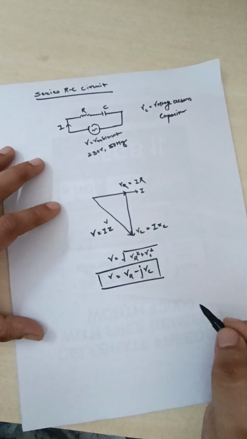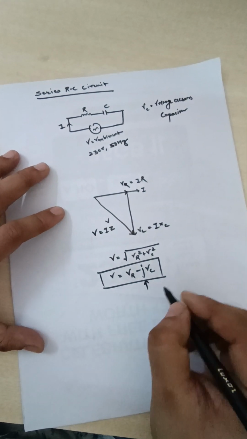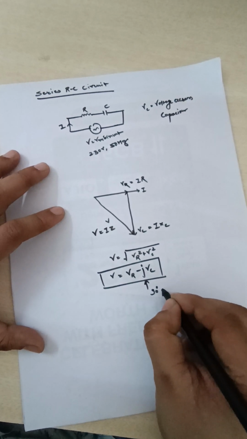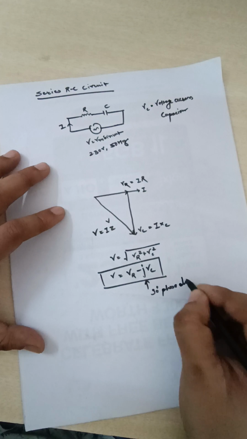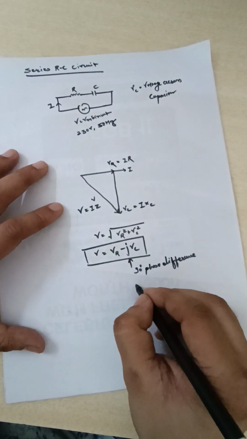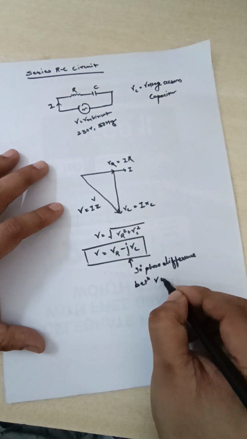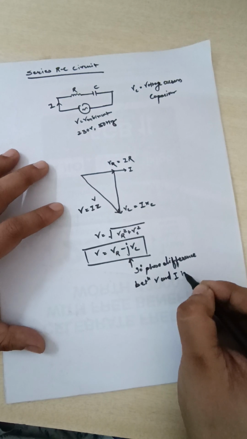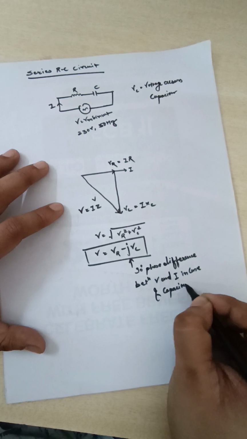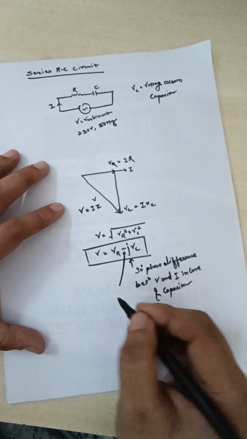What is the meaning of this statement? J is showing a 90 degree phase difference between V and I in the case of a capacitor. Clear? And why are we using this negative sign?